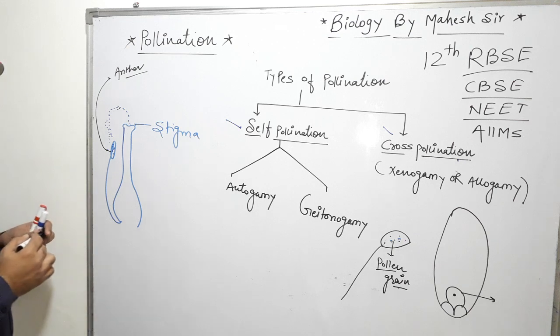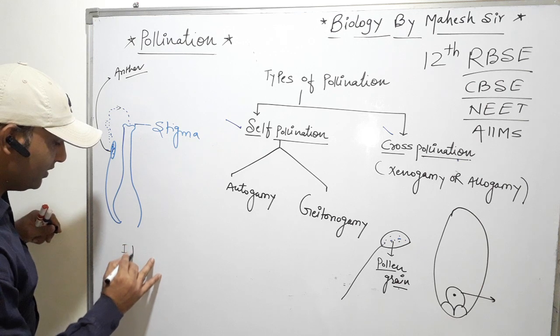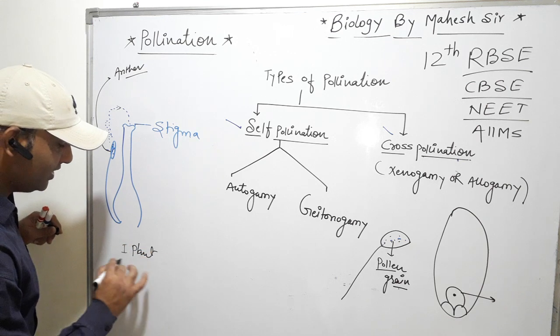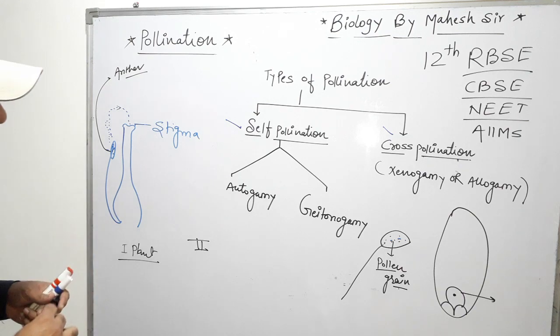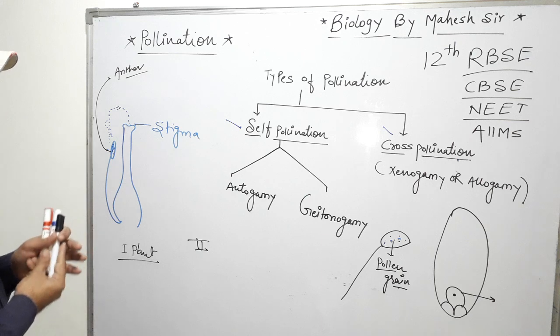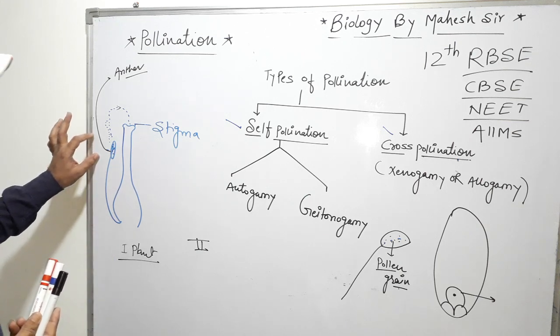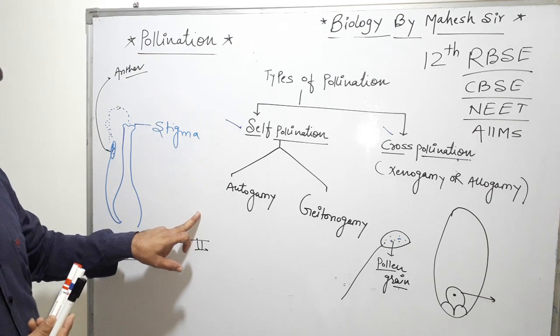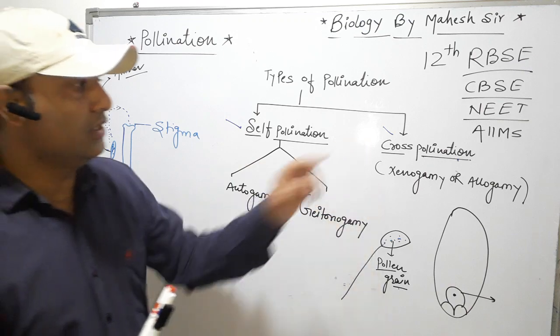When pollen travels from one plant of a species to a second plant of the same species, it is called cross-pollination. The process by which pollen grain travels from the mature anther of the first plant to the stigma of the second plant of the same species is called cross-pollination.